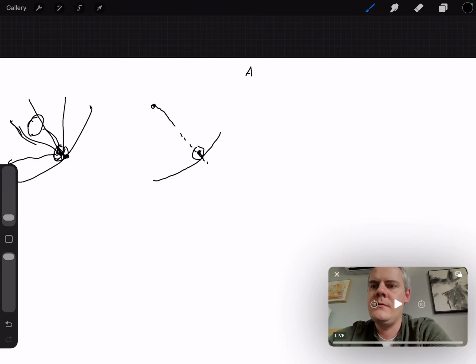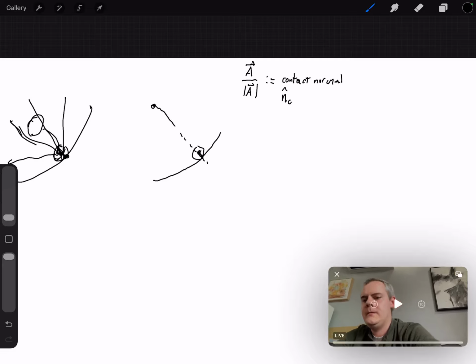I think it was A. I think it's just A over unit A is contact normal. I'll call it NC hat. Love hats. Length of 1.